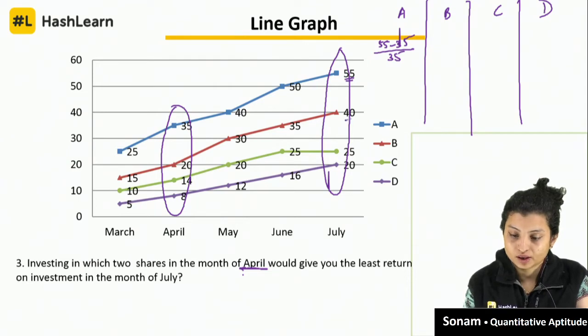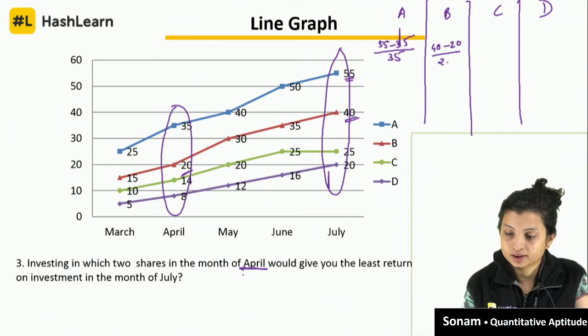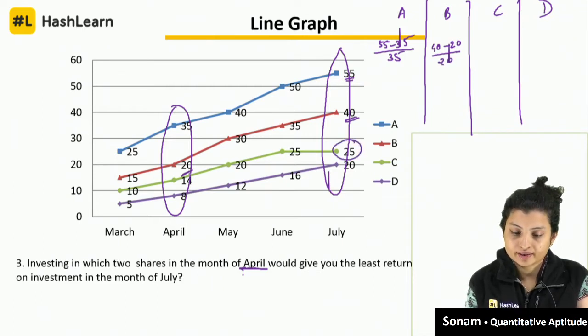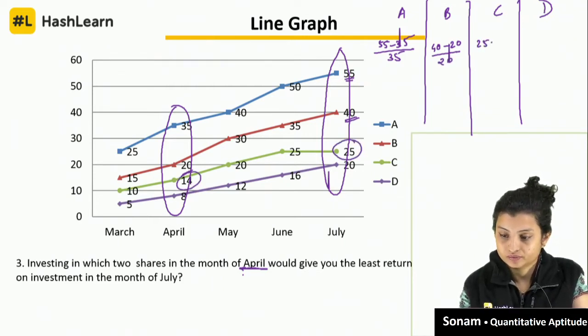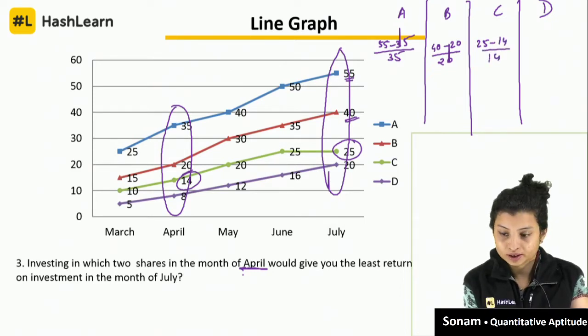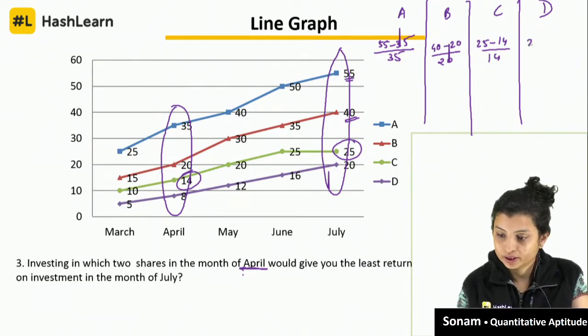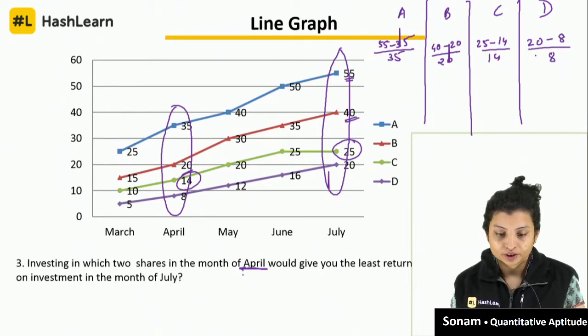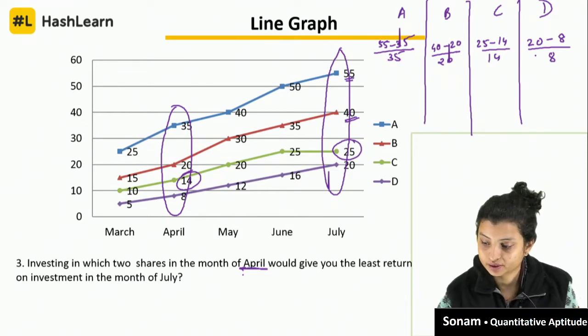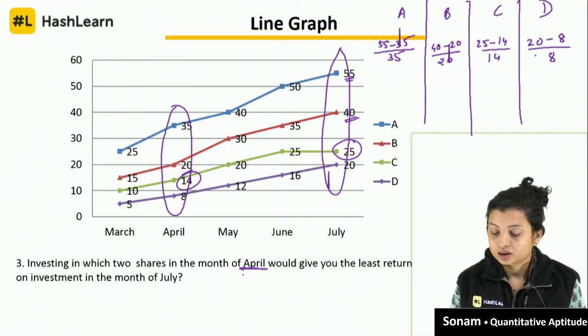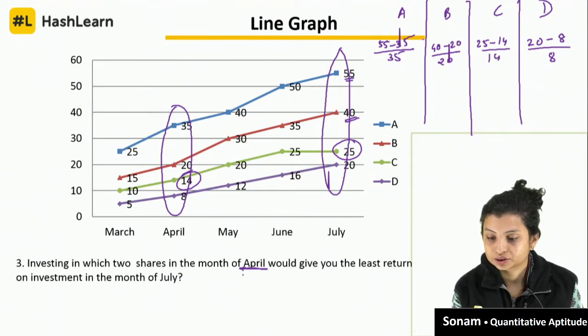Okay, let's calculate for B. 40 minus 20 upon 20 into 100. 25 minus 14 upon 14 into 100 and then 20 minus 8 upon 8 into 100, right? So for share A, for share B, for share C, for share D we calculated. Okay, so let's do the final calculation.